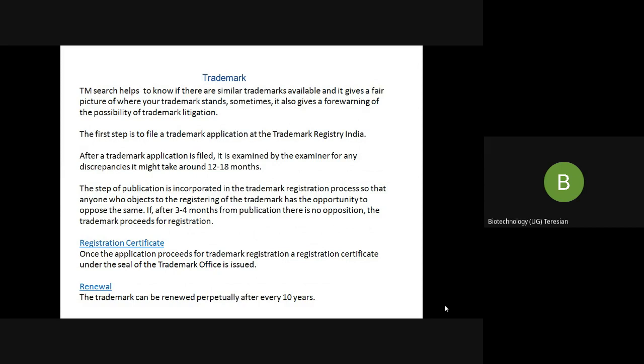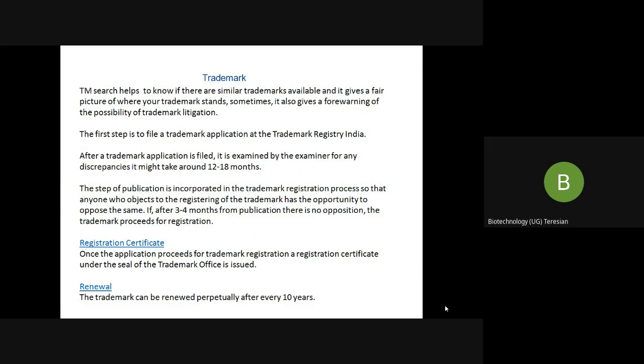Sometimes it also gives a forewarning of the possibility of trademark litigations. So whenever you go for a trademark, it's better to do a trademark search before registering, to see if the symbol or logo or the word is already present in any part of the world. Otherwise, the person who was the first to introduce that name or logo or picture can take action against you.